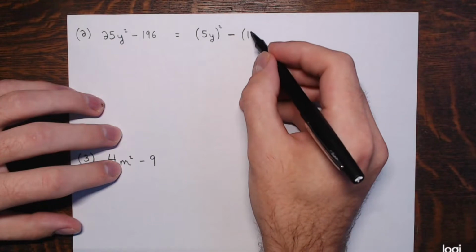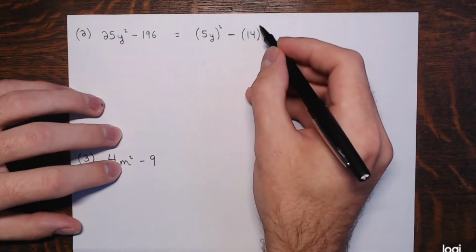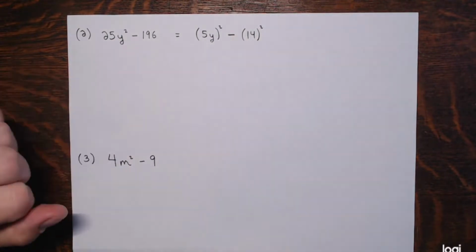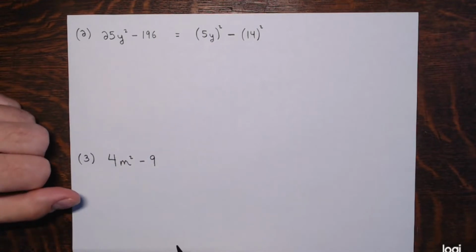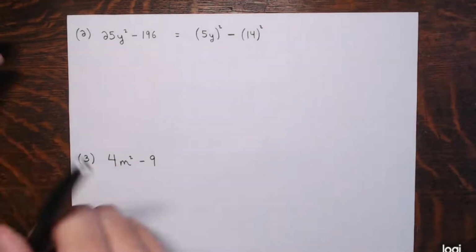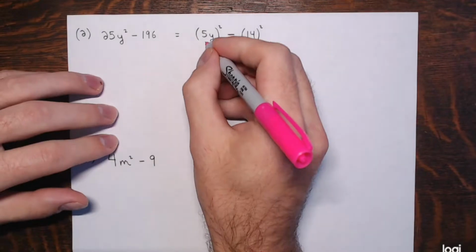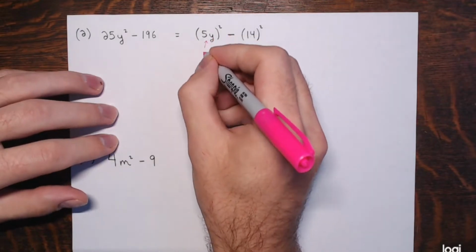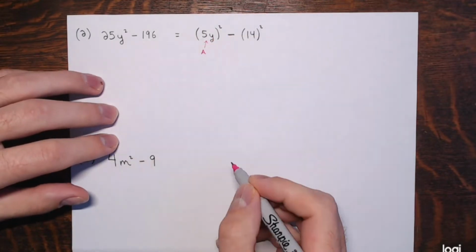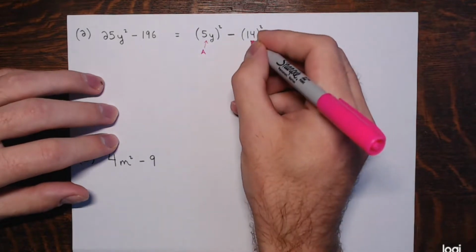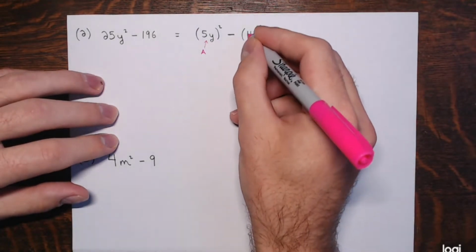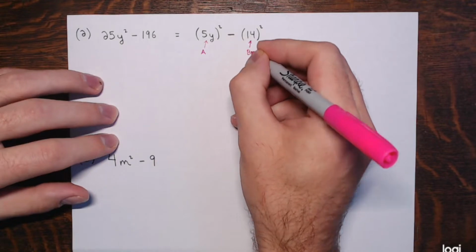And you can double check that. Take 14 times 14. All right, that's 196, I promise you. So I have a difference of squares. Right? And I'm going to consider the 5y as the a from earlier, from the little formula I wrote, and 14 as the b.